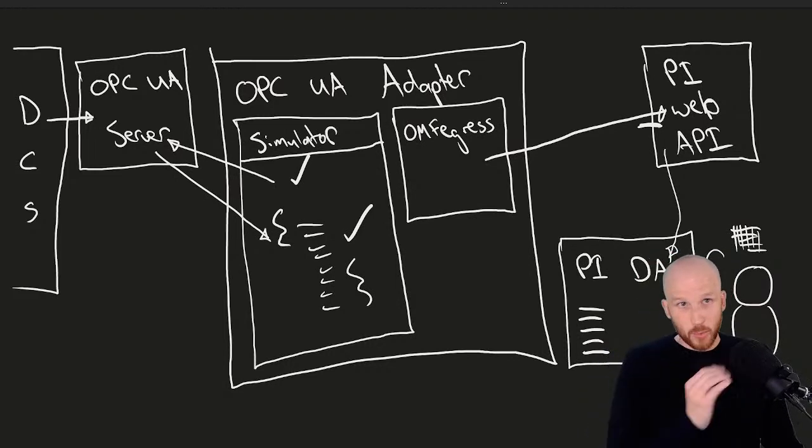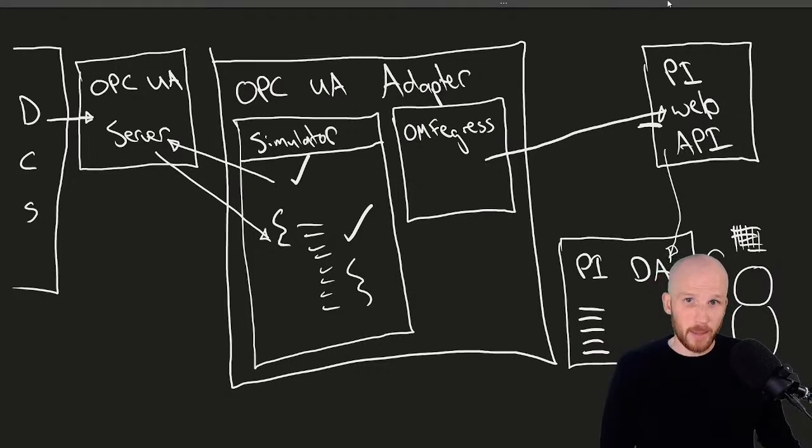So now's the time to ask questions if you have them. I'm going to do a couple of other things just to show off really what you can do with adapters.